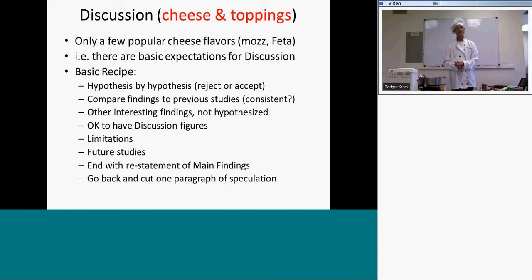Finally, future studies. This is not mandatory, and depending on where you are in your career, you may not want to give away your best ideas for future studies, but you want to have some inclination of where you're going. I remember talking with Dan Ferris about this. It's a fire hydrant opportunity, depending on where you are at your stage in your career.